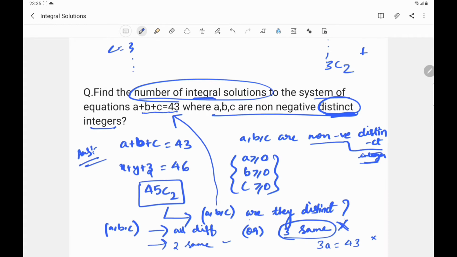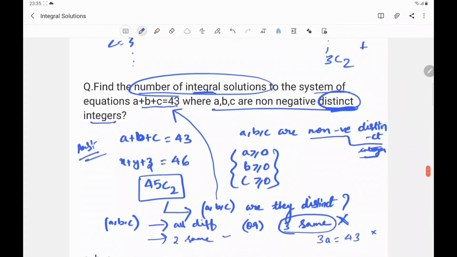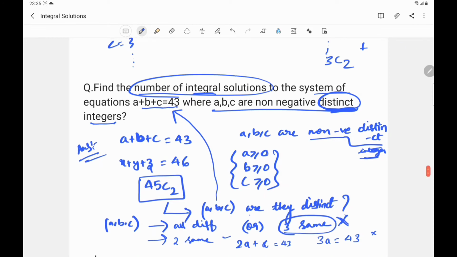Now if two are same, say a and b are same, plus c equals 43. That means 2a plus c equals 43, so this part is even and this part is odd.